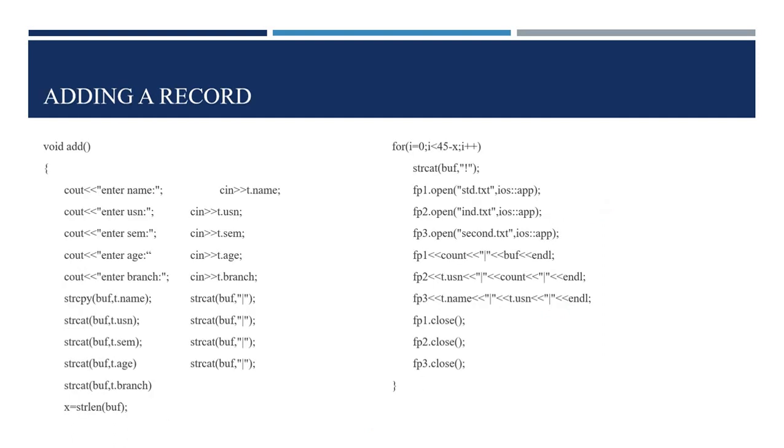So let us see one of the functionalities, adding a record. Once the add function is called, it will ask the user to enter the name, USN, semester, age, and branch.